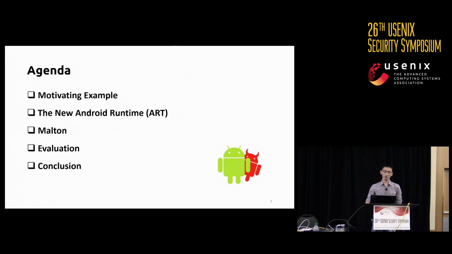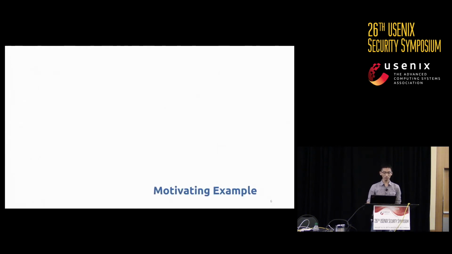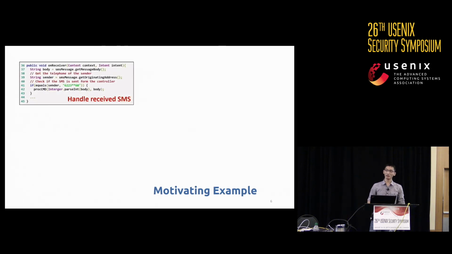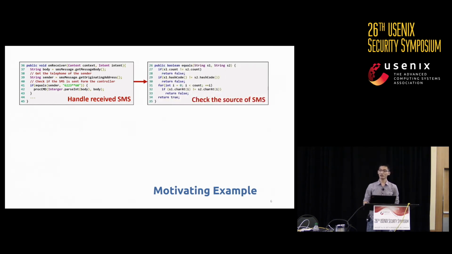Next, I will introduce our work about Malton following these 5 aspects. First, I will use a motivating example to illustrate the major functions of Malton. When this malware starts, it first registers a message handler to handle the received short message. When a short message arrives, it gets its telephone number and checks whether this message is from the remote control.